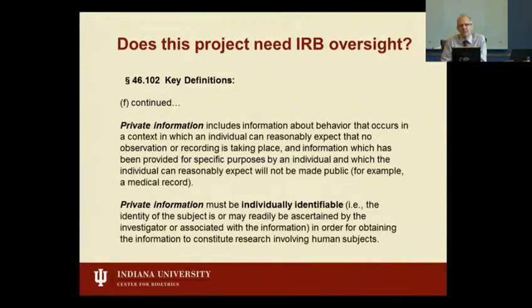A couple of other things about private information. The point is it includes behaviors as well as particular functions of the human subject. It's private in the sense that the person can reasonably expect that it's not going to be made public, or it's not individually identifiable.